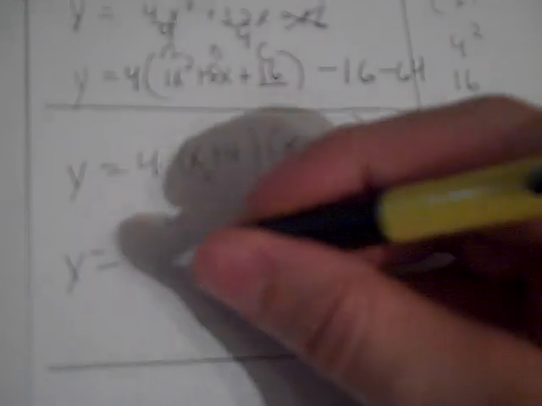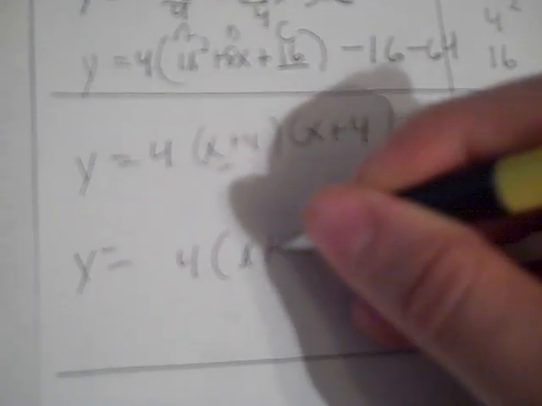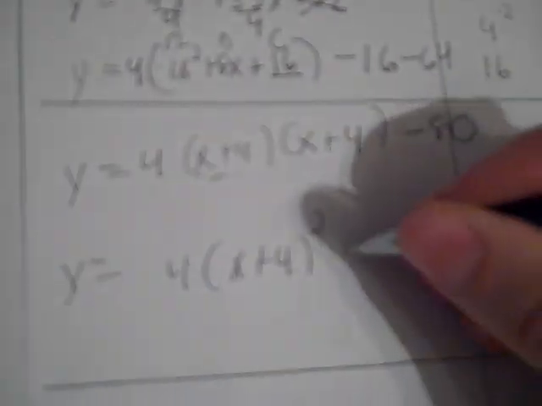A's 1, so we need to make it into 2 parentheses, and x will work. Plus 4, plus 4. And then negative 16 minus 64 is negative 80. Okay, and then you just write that as a binomial squared. Boom.